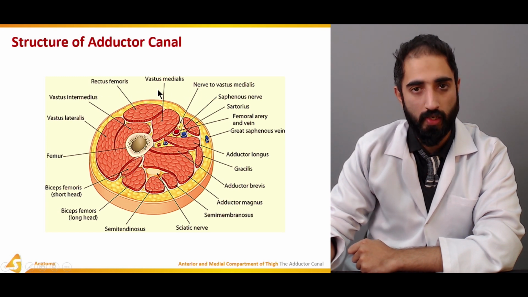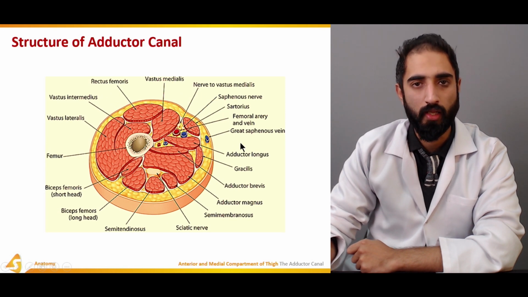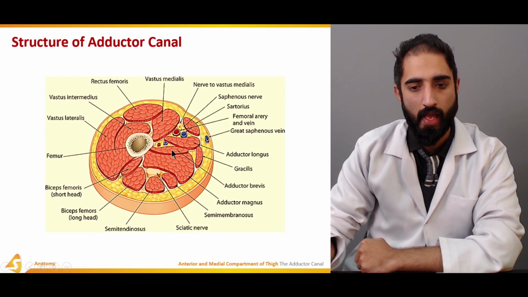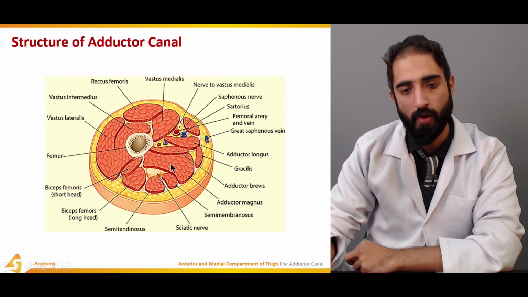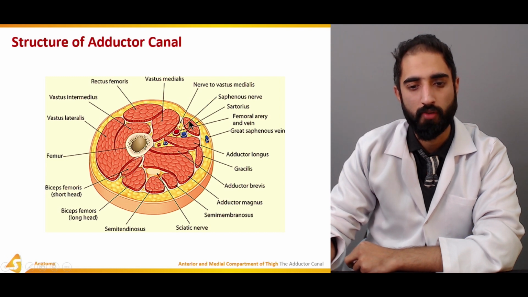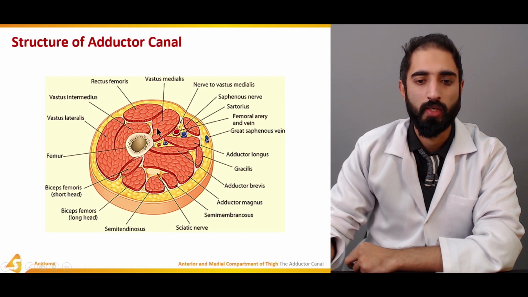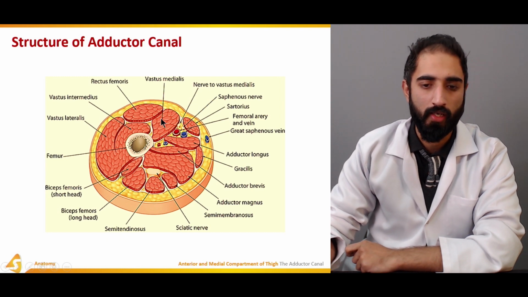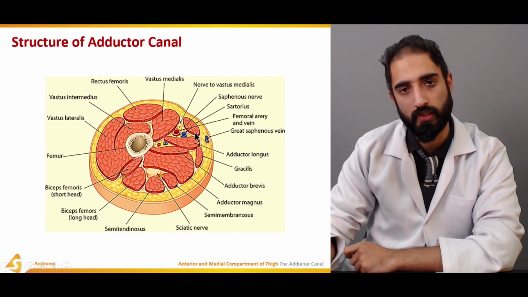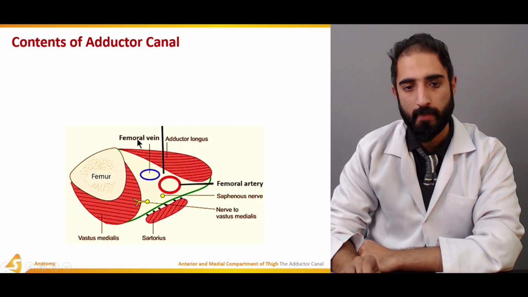So this is the anterior aspect and this is the posterior, this is the medial, and this is the lateral. Here we have the adductor magnus, adductor longus, and adductor brevis. They make the posterior part of the adductor canal, as already mentioned, the sartorius makes the anterior part of the canal, and the vastus medialis makes the lateral part of the canal, because this is the lateral aspect and this is the medial aspect.